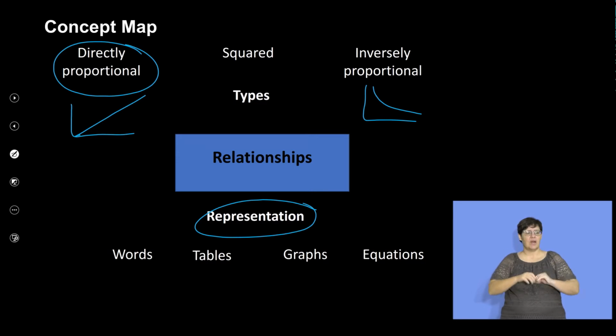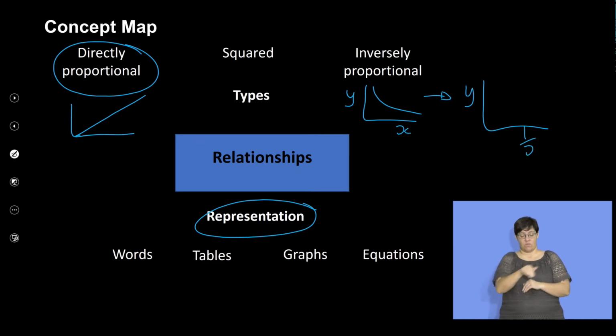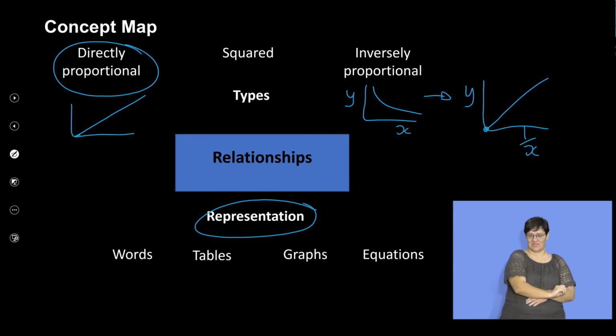To try and satisfy that, what we're going to do is we're going to say the following. Instead of choosing the dependent variable and the independent variable, we're going to change that around and we're going to say, let's take the y, 1 over x, and then it will be a straight line. It will pass through the origin, and we can say that y is directly proportional to 1 over x.